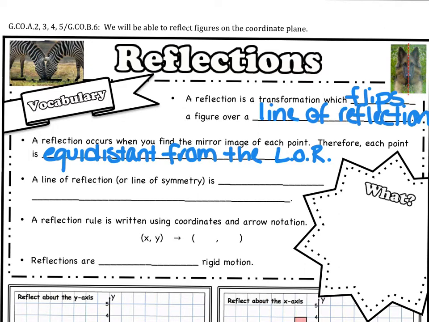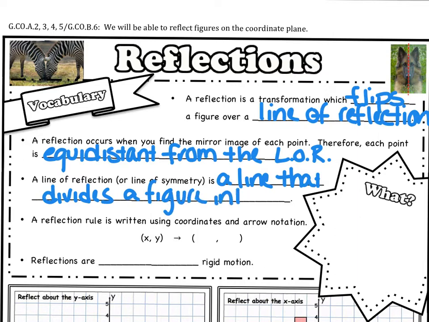So as our third bullet says, the line of reflection or line of symmetry is a line that divides a figure into two matching pieces. So both of the pieces are going to match each other.